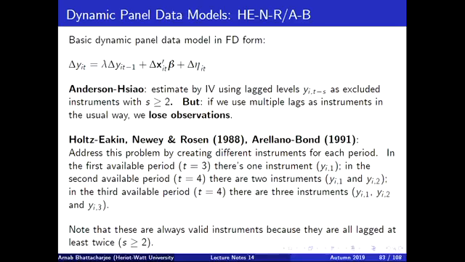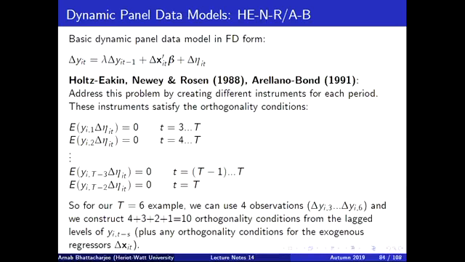We know how to do GMM in that setting. So there will be multiple sets of instruments for each period. These are always valid instruments because they are all lagged at least twice, but these instruments can be weak.